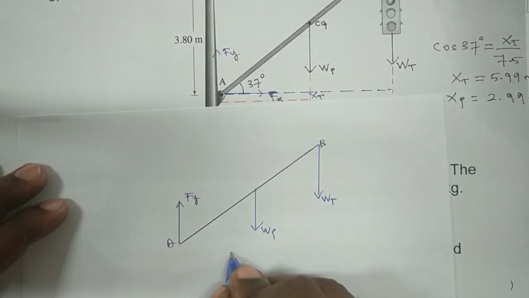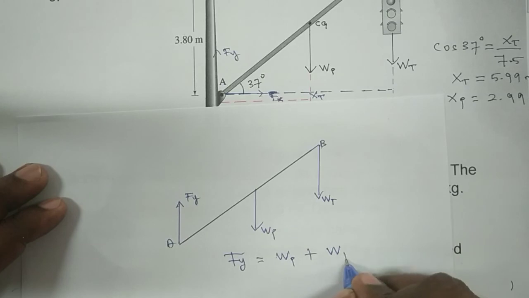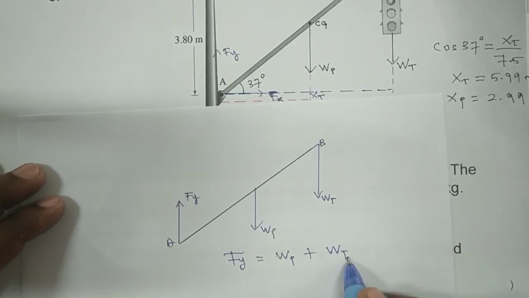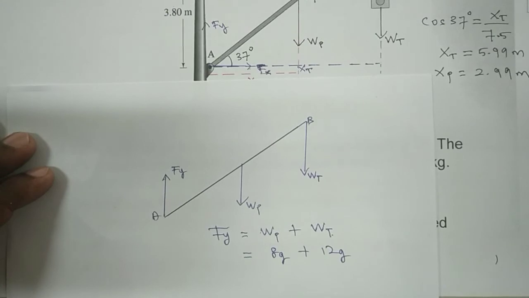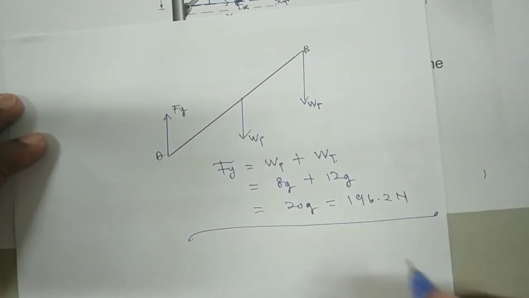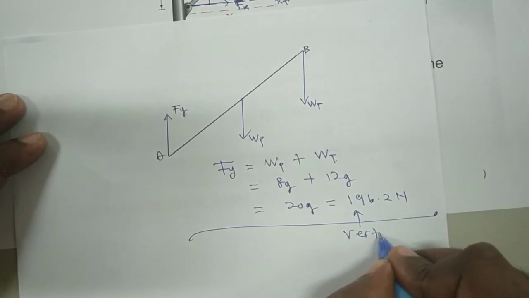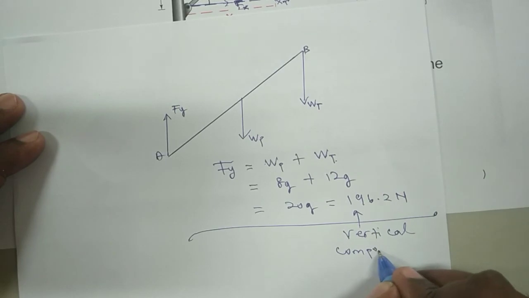So Fy equals weight of pole plus weight of traffic light, equals 8 gravity plus 12 gravity. 8 gravity plus 12 gravity, you will get 20 gravity, which equals 196.2 Newton. This is for the vertical components.